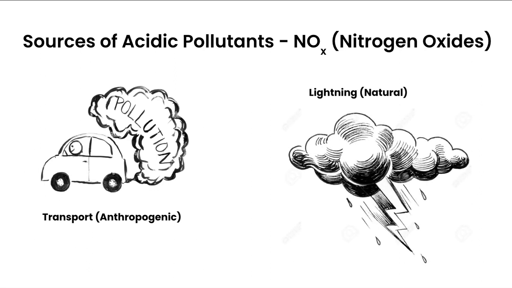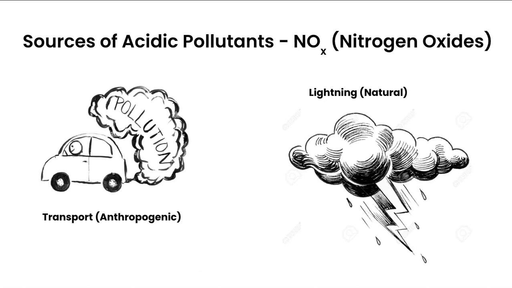In terms of a natural source, lightning is a great example. So they can come from both human-related and natural sources. When nitrogen oxides react with water in the atmosphere, they produce either nitrous acid or nitric acid.